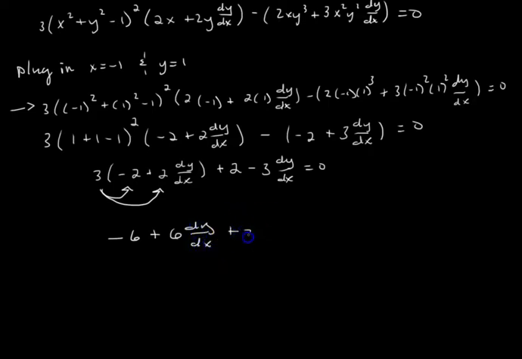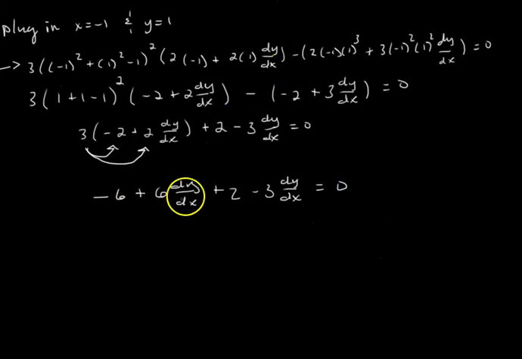And then we have +2 and we have -3 dy dx. My handwriting's getting kind of crazy because we're so excited. And then, let's see, we can combine this term and this term. So we just get 3 dy dx. And then we have this -6 plus 2 is -4. This all equals 0.